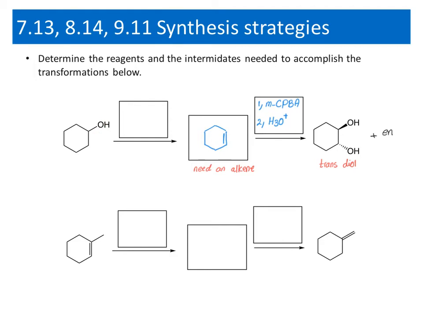And we know that OH is not a good leaving group, so basically what we did, we converted OH to the good leaving group first. And since I made an alkene, elimination reaction must happen.